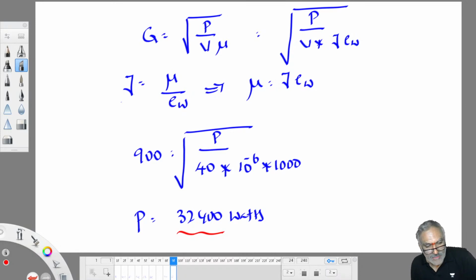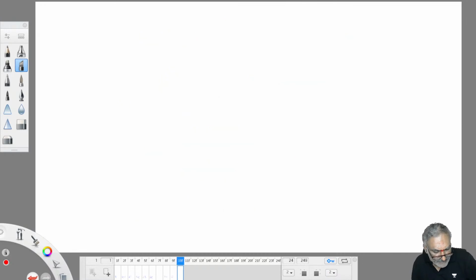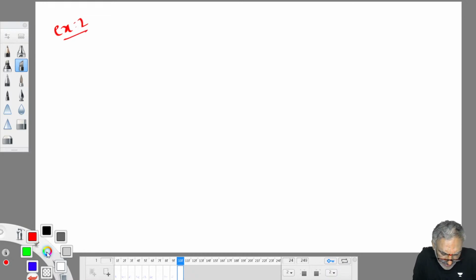Next, let us try one more question. This question has been asked in ESE exam. A flash mixer of 2 meter cube. Flash mixer means it is also a rapid mixing unit.